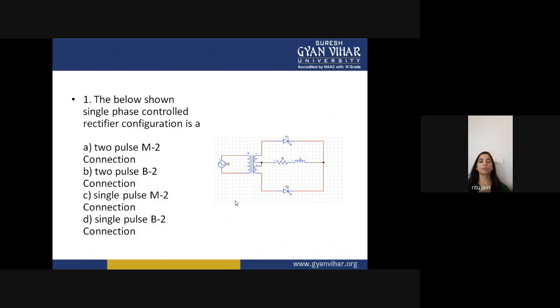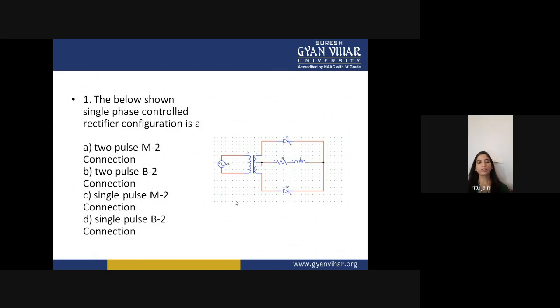If you want to use a controlled converter, then you have to use some SCRs. If it is half wave, then you have to use one SCR. If it is full wave, then you have to use two or four SCRs, which will depend upon the configuration of your converter. Okay.